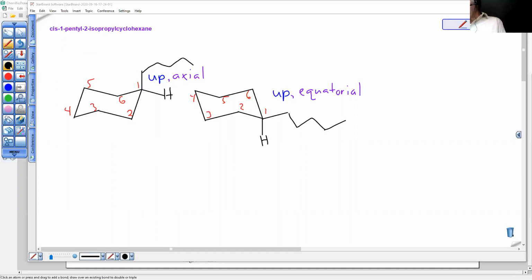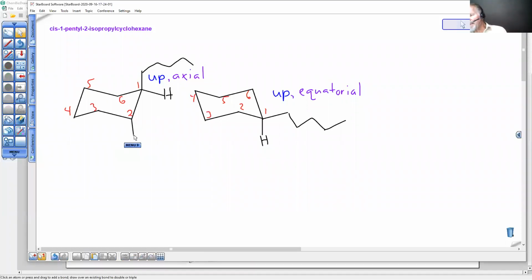So I'm drawing the axial. I don't know if there's an H on there or an isopropyl. I'm drawing the bond. And I'm going to try a little better to draw it straight down because it's axial, straight down. How do we know axial straight down again? And that's not a very good straight down either. Because the carbon angle points down. Carbon 2, this angle points up.